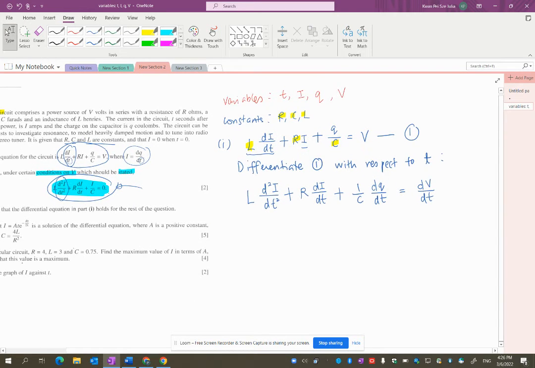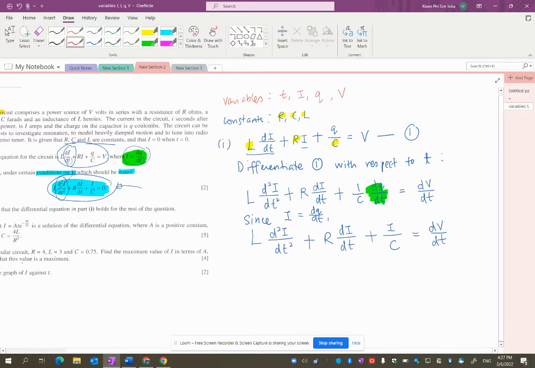So let's take a look at whether we're on the right track. So it seems that we've gotten some terms over here. So we are also given in the question that I is dq dt. So let's replace that with I. Okay, we're almost there. So we have this term.